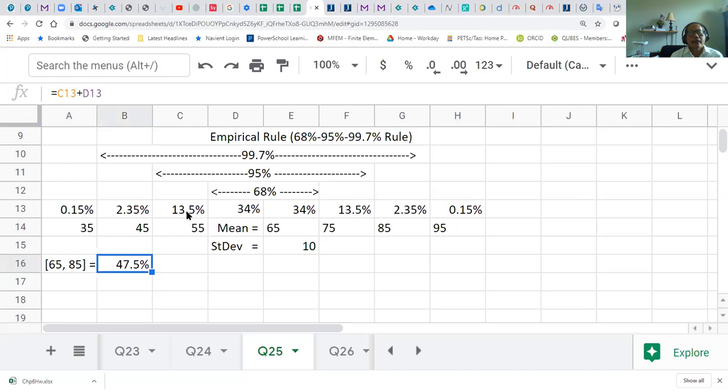In this case you need to add the one on the left side, so you need to add E13 with F13. Yeah, you need to add those two areas. The answer is 47.5.